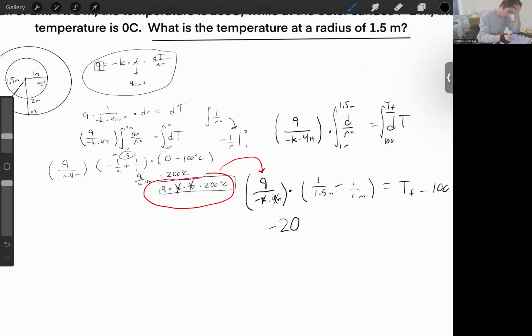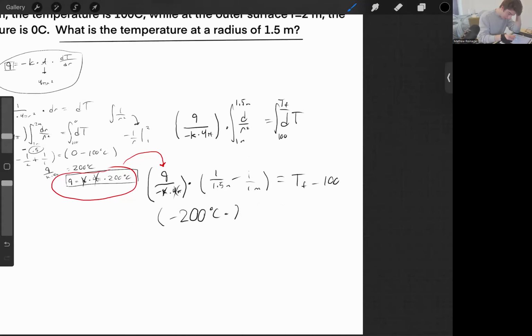degrees Celsius multiplied by, now let's see here, we have to do some more math. I am just going to use Desmos really quick because my calculator is dead. I'm going to put 1 over 1.5 minus 1 over 1, and that's going to give us negative 1 over 3.